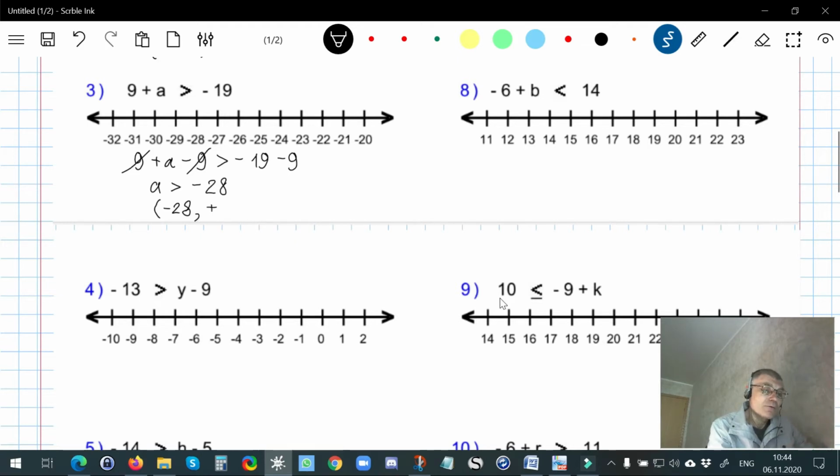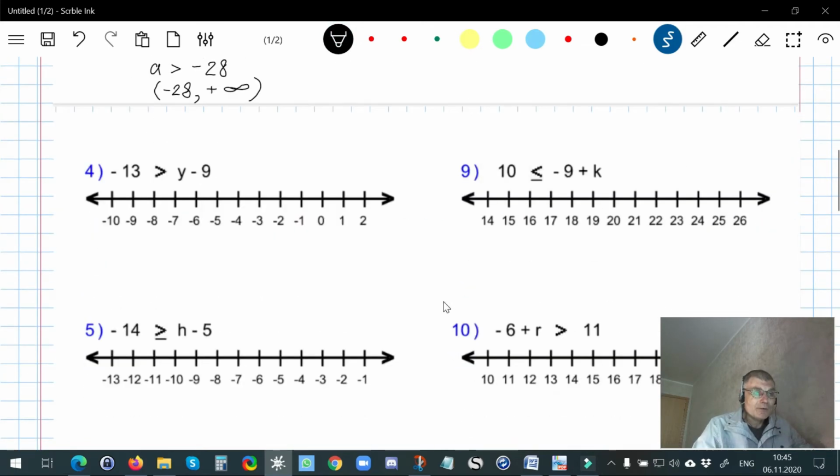So it goes up right to positive infinity. And now I will graph it. Negative 28 is here, and here we go, up to infinity. My stylus finished.